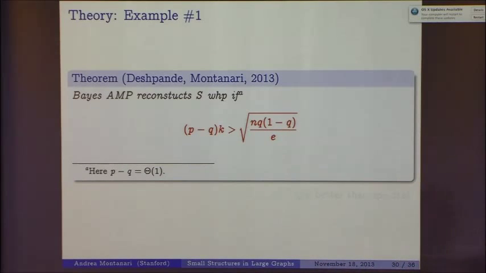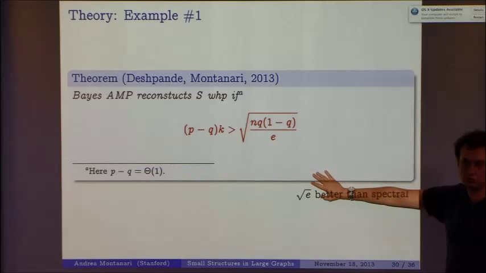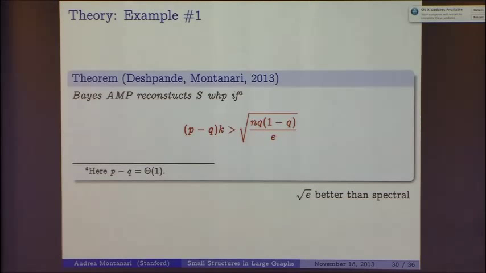If you compare with what PCA does, you see that we have beaten the principal component phase transition, exactly by a factor square root of e. So this celebrated spectral phase transition seems to have a Bayes analogue, and this Bayes analogue is shifted.